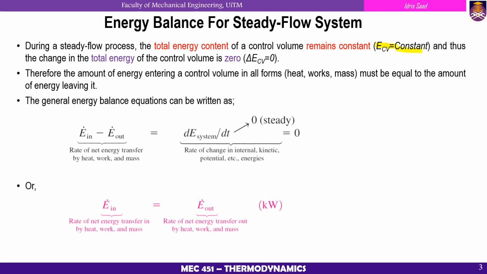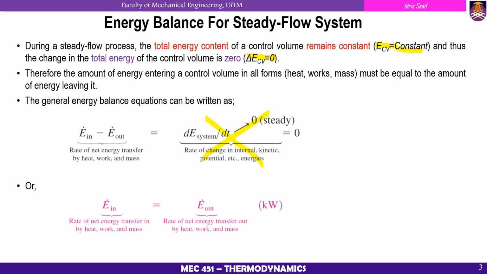Therefore, it will give the effect that the change in the total energy of the control volume must equal 0. Referring to the basic energy balance equation, all components on the right-hand side of the equation, which are the change of the internal energy plus the change of kinetic energy and the change of potential energy, are equal to 0.